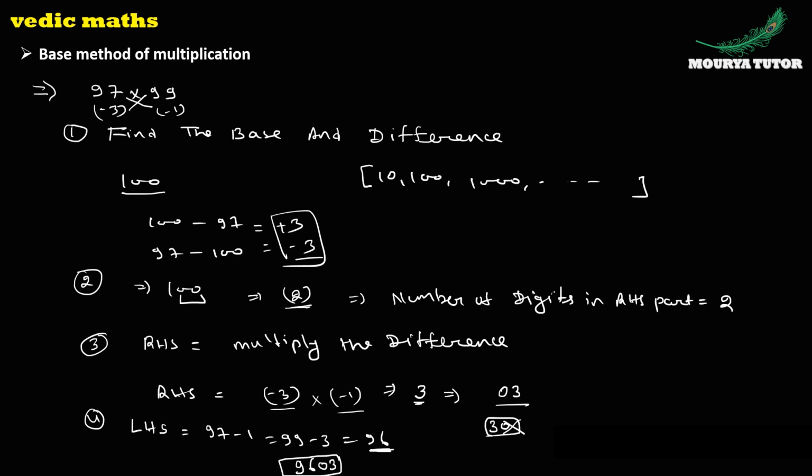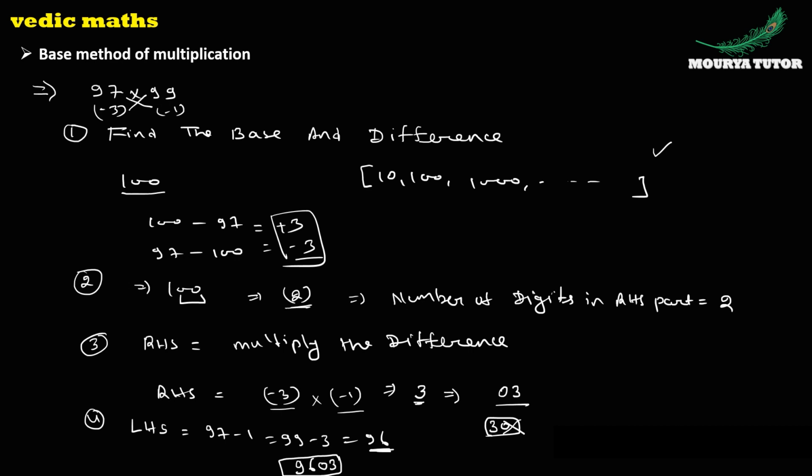Alright, so first find out the base and the differences. Either way you can do 100 minus 97 or 97 minus 100, but remember if there is a negative, write the negative sign with the number. All right, this is the first step. In the second step, you need to find out the number of digits in the RHS part. For that, look into the base, how many zeros are there.